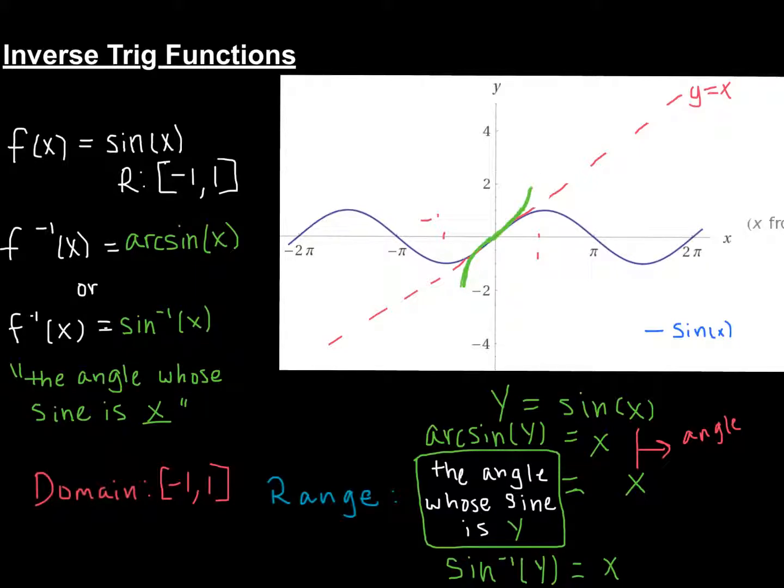So this value should be pi over 2. It looks like we're a little above, but that's okay. The purpose is to understand that the biggest y value that we're going to have is pi over 2, because that's the angle whose sine is 1. And similarly, what's the angle whose sine is -1? That would be negative pi over 2. So our range is going to go between negative pi over 2 and positive pi over 2.